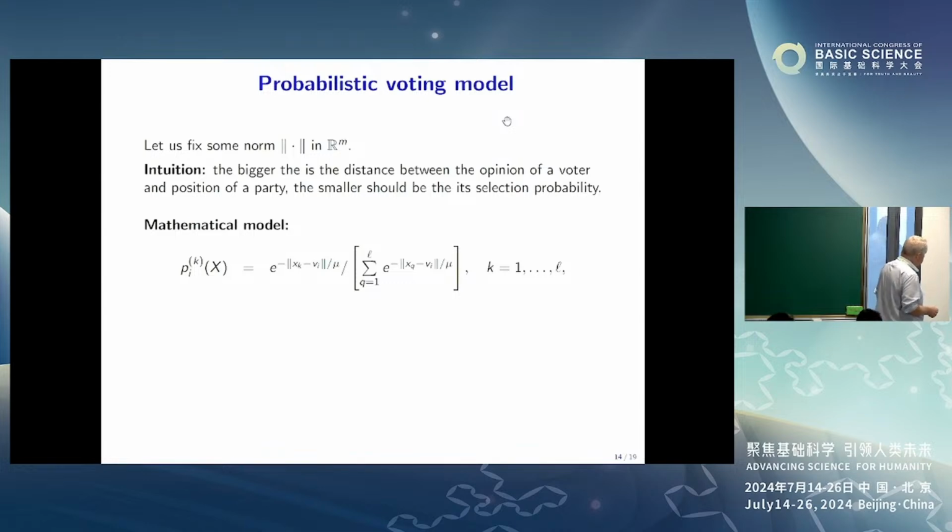Here you see the party i. This is a classical logit model.